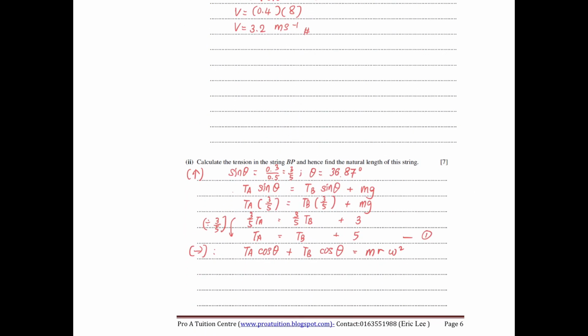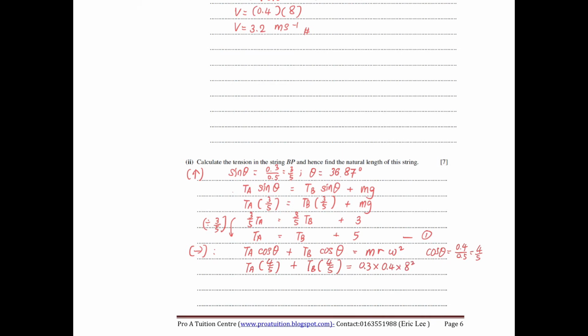Let's write down at the side here: cos theta is 0.4 over 0.5, simplified to 4 over 5. So we have TA times 4 over 5 plus TB times 4 over 5 equal to 0.3, radius 0.4, omega 8 squared.